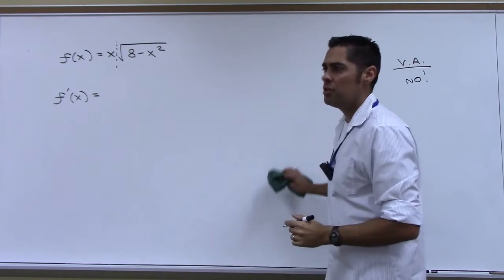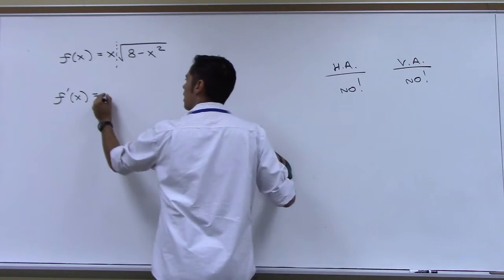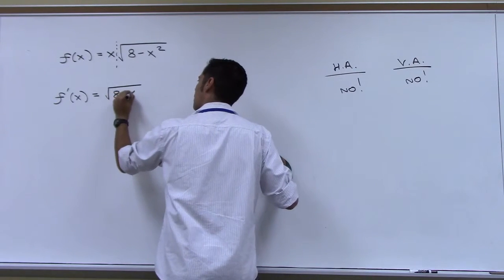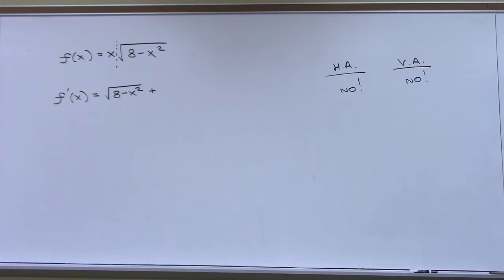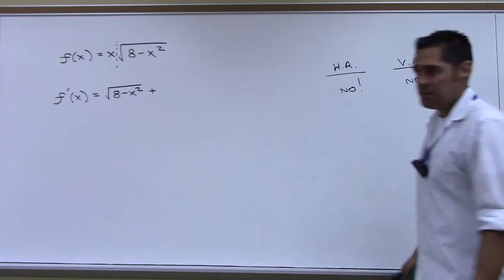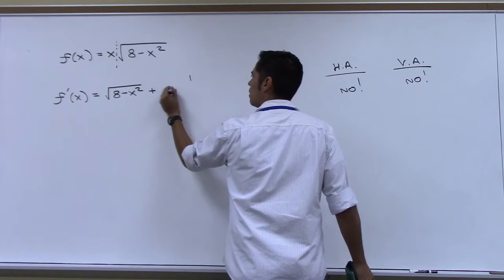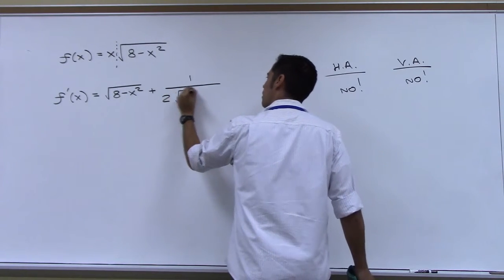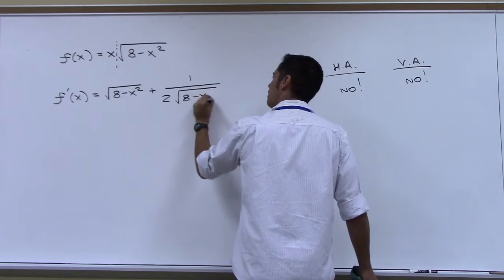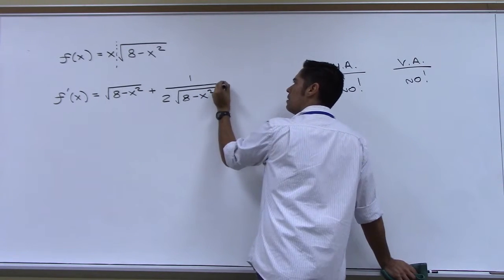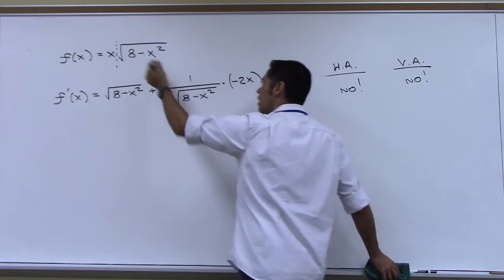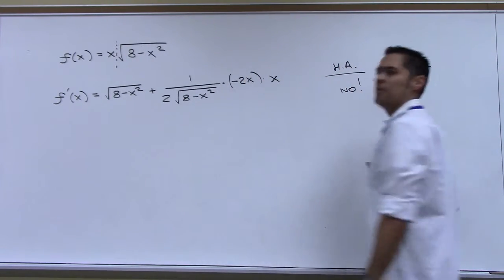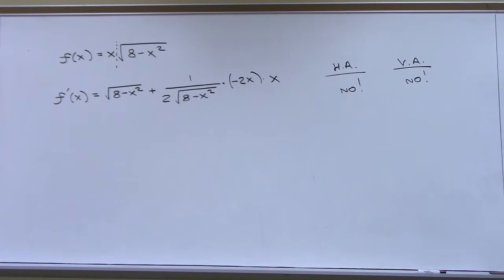Derivative of the first function is 1 times the second function, plus the derivative of the square root of something, which is 1 over 2 square roots of whatever's inside, times the derivative of what was inside the root, chain rule, then times x, which finishes off the product rule. That's your first derivative. Cleanup time.